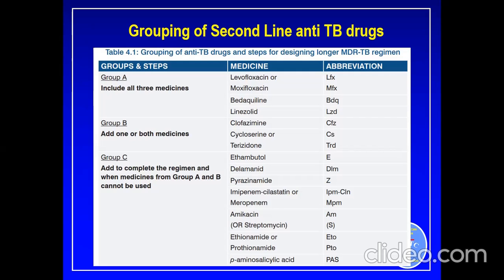Amikacin can also be used, ethionamide or prothionamide, and para-aminosalicylic acid is the last in the group. So there are certain guidelines saying which to substitute when, if there are certain drugs to which the organisms are resistant, or a person may not tolerate, as all these drugs are highly toxic drugs, and they need to be monitored very meticulously.